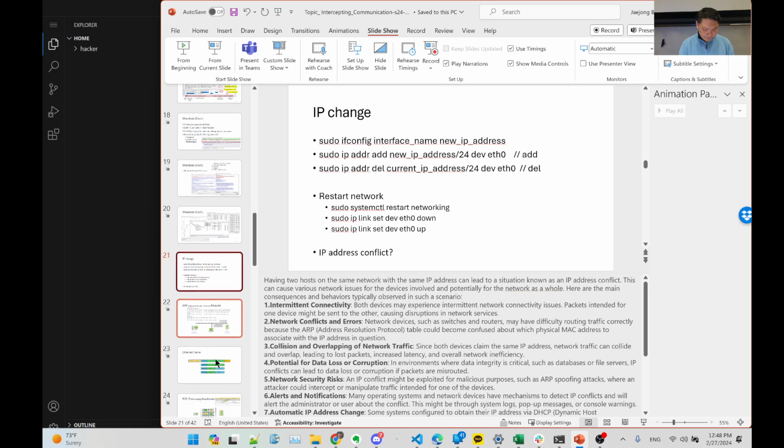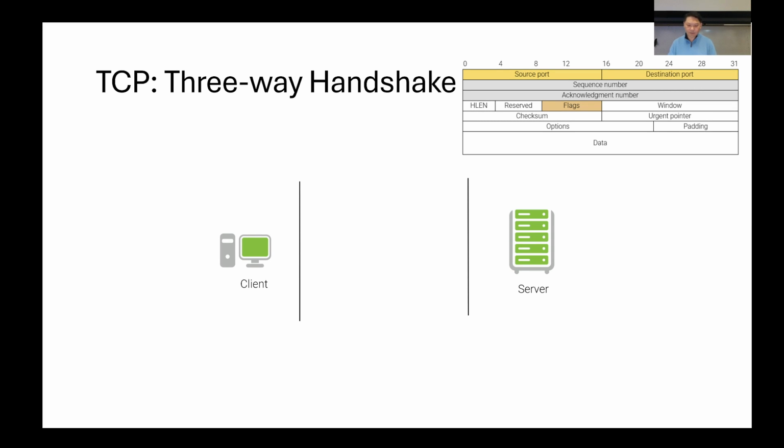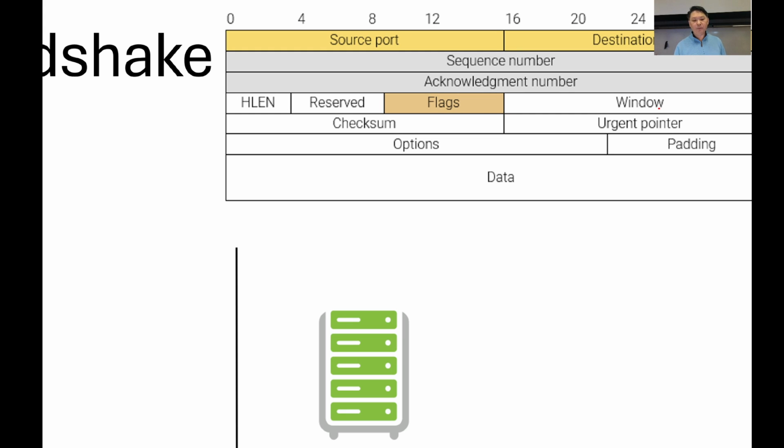Okay. And also, the TCP three-way handshake I mentioned. What is this? So let's say the client and server try to connect. Can you see the protocol stacks? This is the format of the TCP packet, the TCP segment. What is the address of TCP?